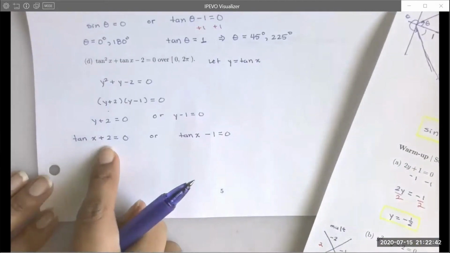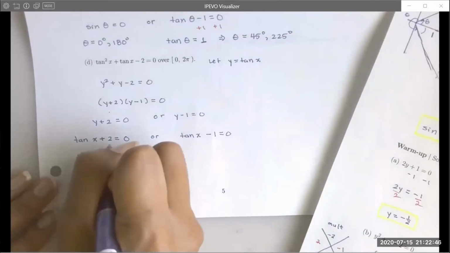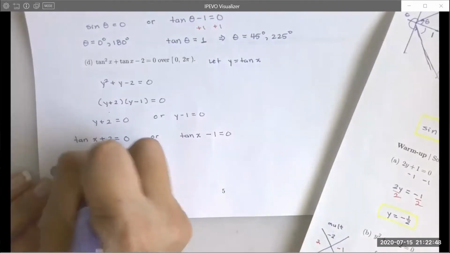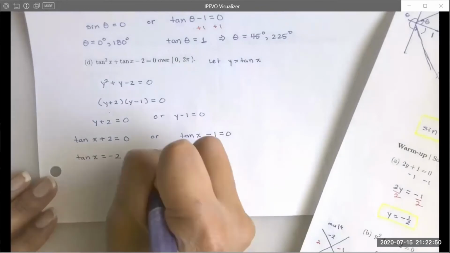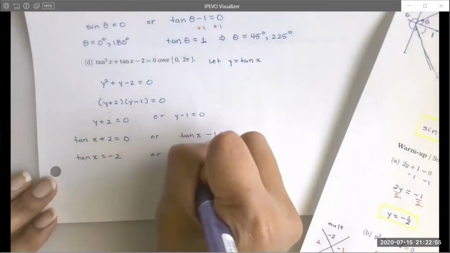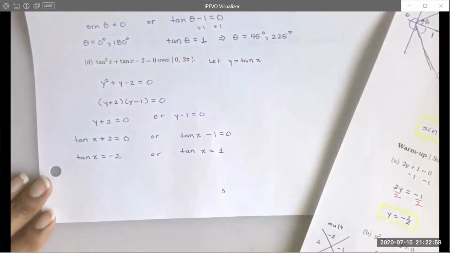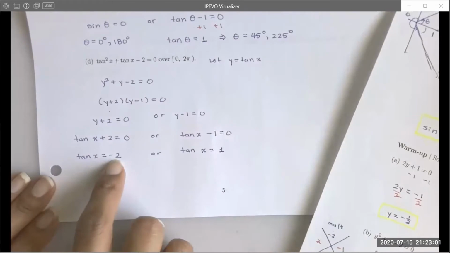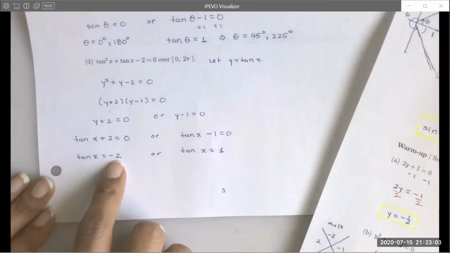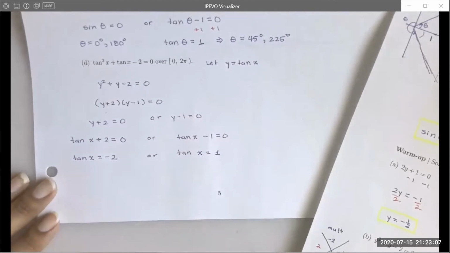In this one here, I would have to subtract the 2 from both sides to get tangent of x is equal to -2. In the second equation, I would add a 1 to both sides to get tangent of x is equal to 1. Unfortunately for this one, this -2 is not on the unit circle, so I'm going to have to use the calculator to solve.